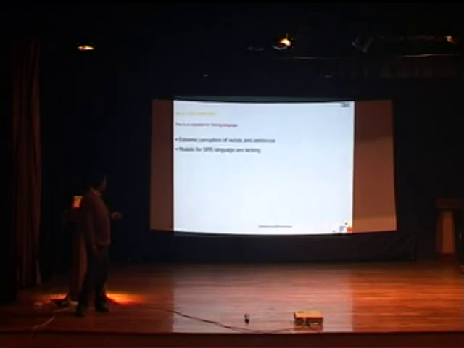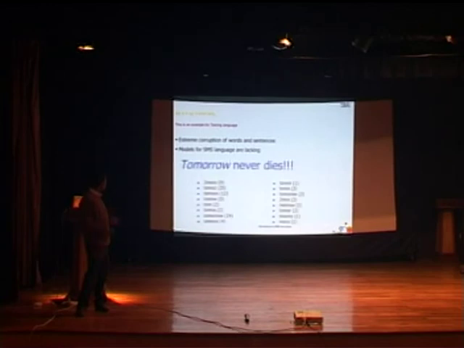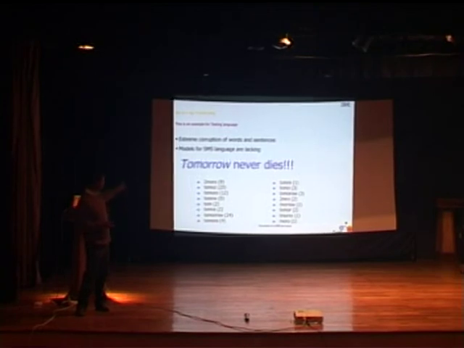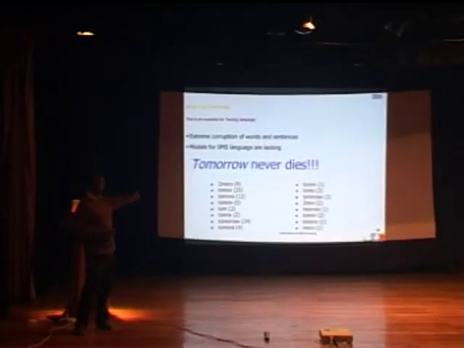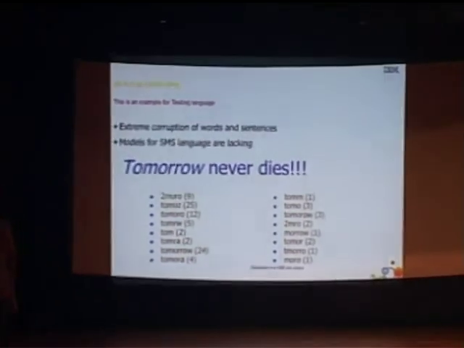But that's the kind of corruption that you see in SMS, Twitter. Now this is from actual SMS messages that were sent to a call center. And these are multiple ways in which people have written down the word. And as you can see, the correct spelling has been used 24 times. The incorrect spelling TOMOZ is more popular than the correct spelling tomorrow.